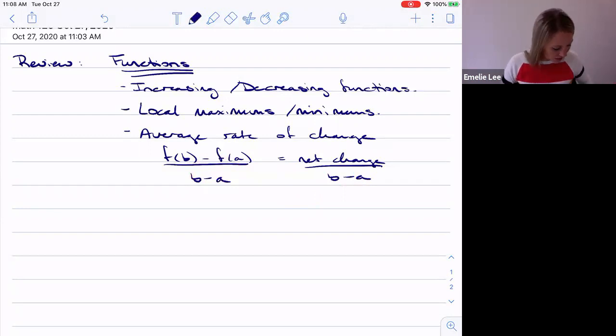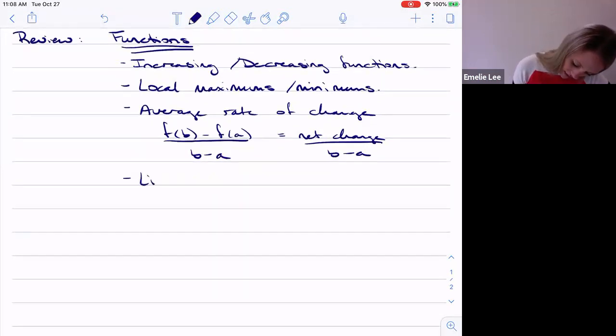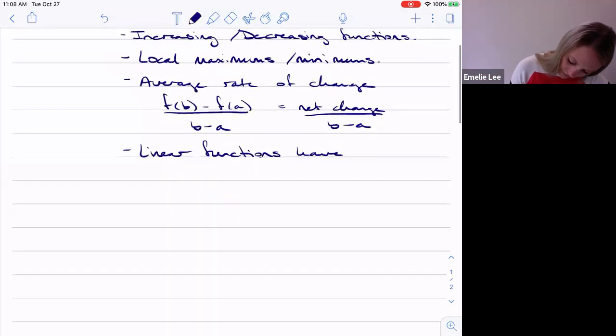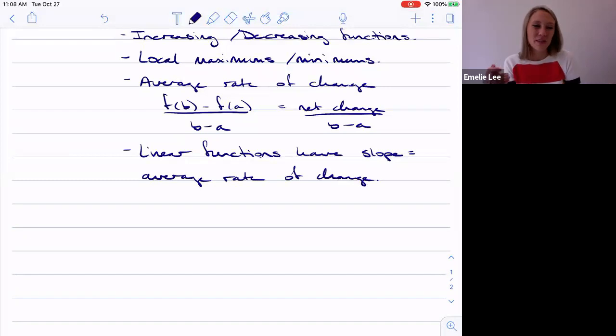And then we applied that to linear functions. Linear functions have the slope equal to the average rate of change, which is nice because then we'll always know that the average rate of change of a linear function is just the slope, and therefore it's constant, right?